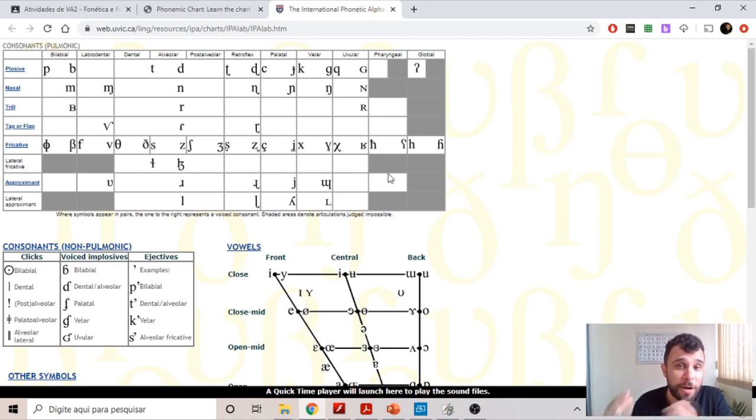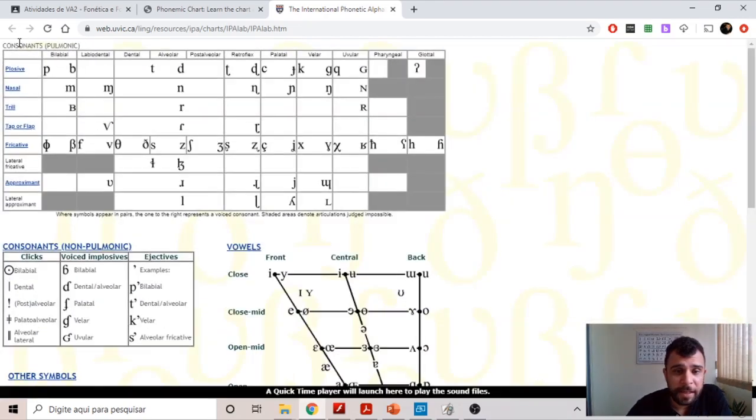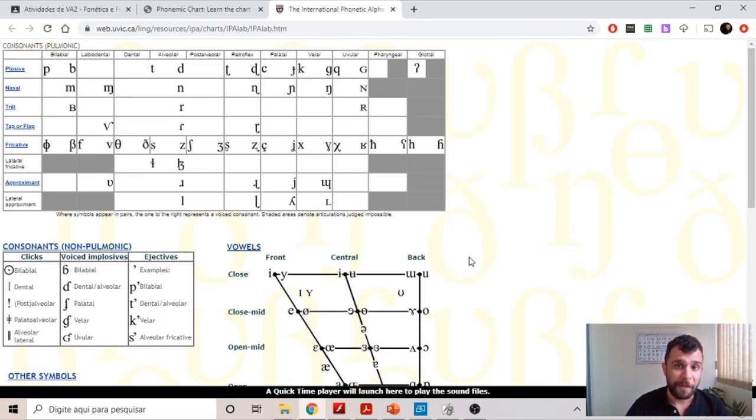So this is what they did. They created charts to represent these sounds. You see, we have one chart for the consonants. There is a different chart here for the vowels. And progressively, we will understand why they are separated. Vowels and consonants are produced in a different way. What these charts do is they organize the sounds, the phones that could be produced in any human language.